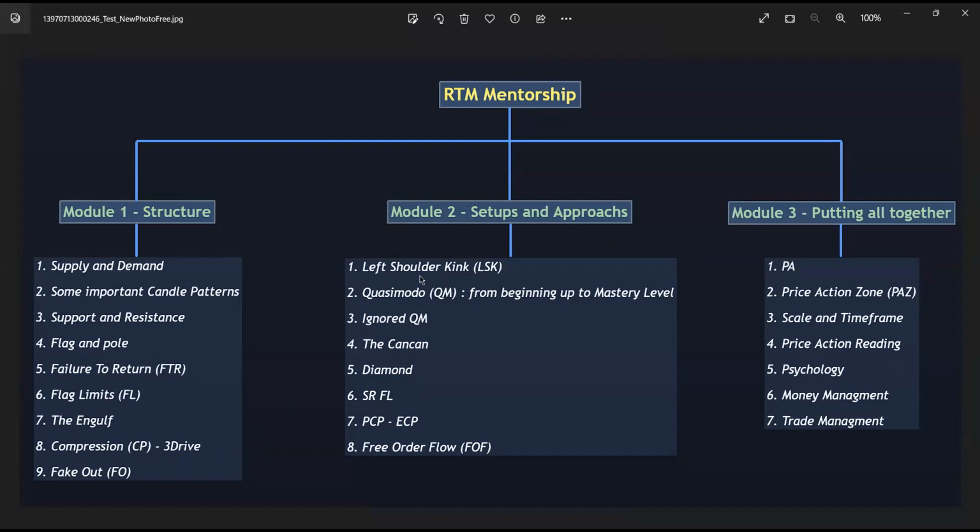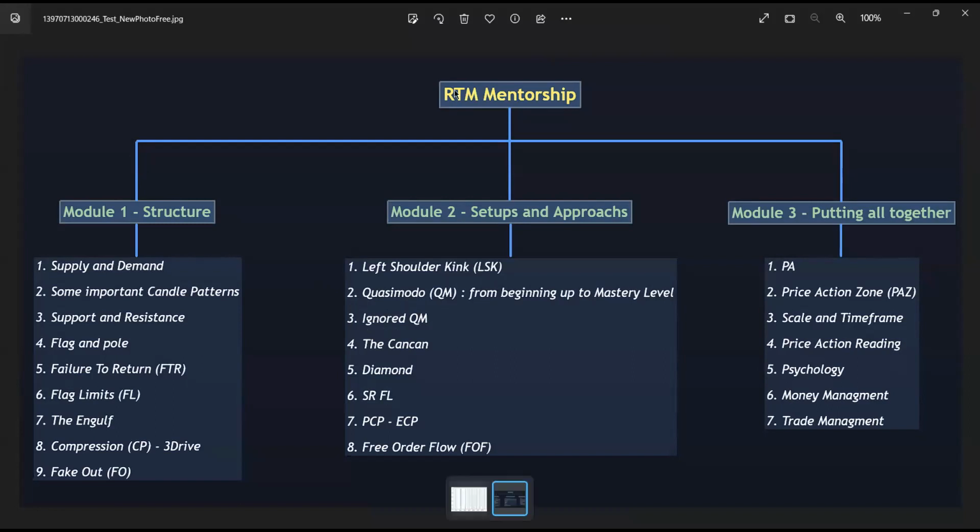The next step is really, really important. These are the setups and approaches. The first one is left shoulder kink, Quasimodo, from beginning up to mastery level. Quasimodo is not just a thing where you see high and low, higher high and low, lower low. Quasimodo has different types, and it is totally related to the scale. It's how we can find out how the markets work. It's really important, not just a high and low, believe me.